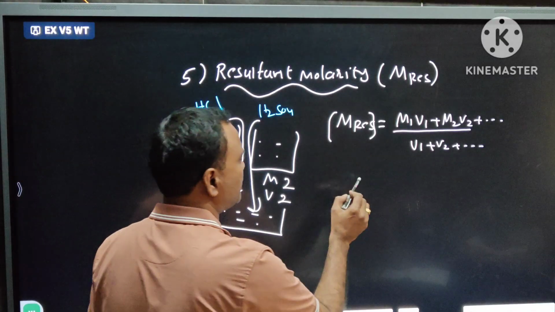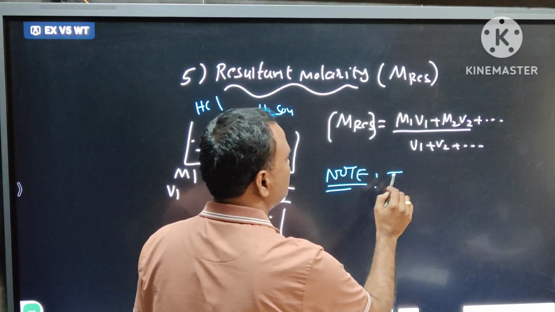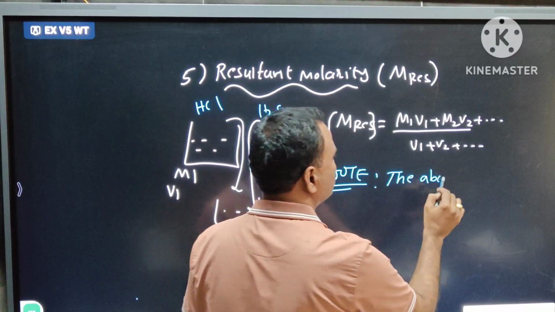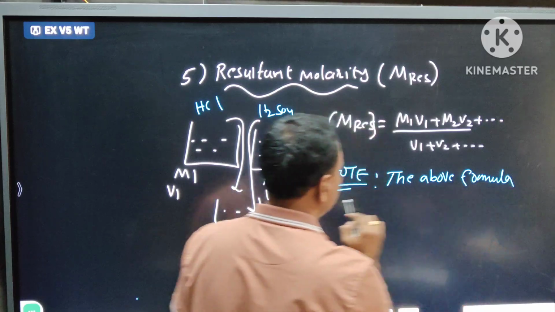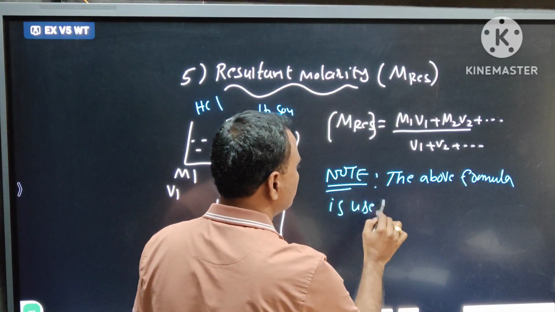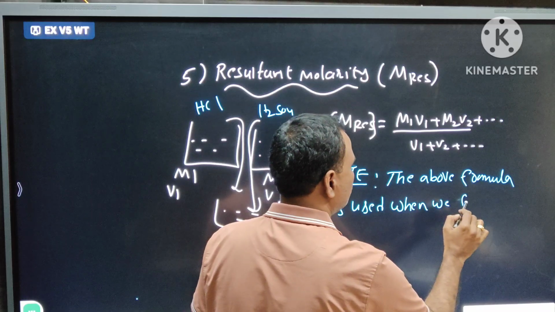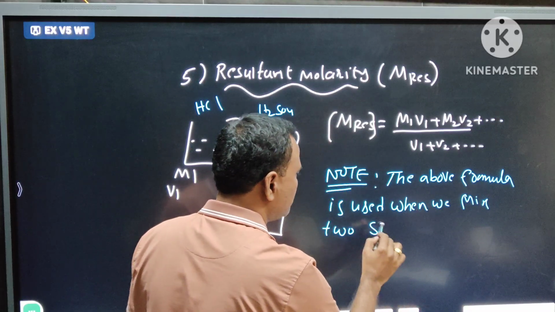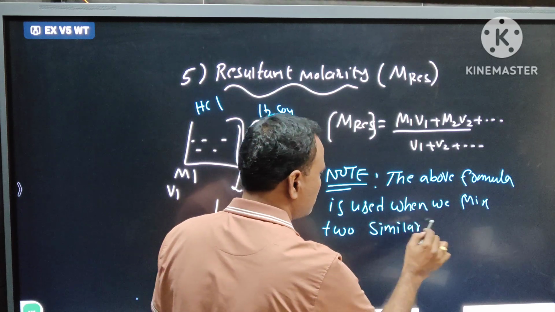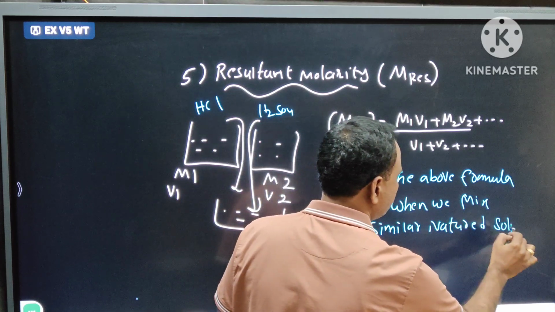Very, very important point. The above formula is used when we mix two similar natured solutions.